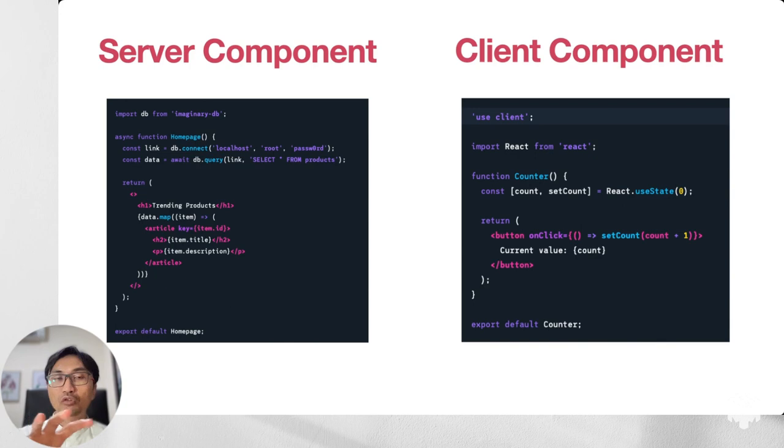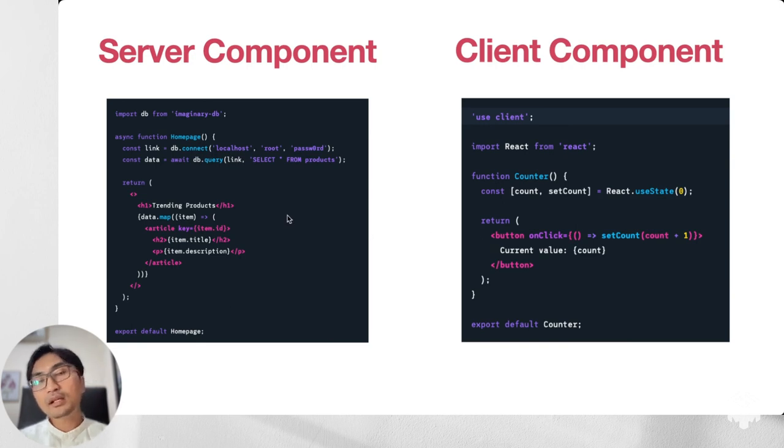So by default, all the components will be server components unless we add a specific and deliberate use client directive on the component. If we add the use client directive on the component, it will become a client component.